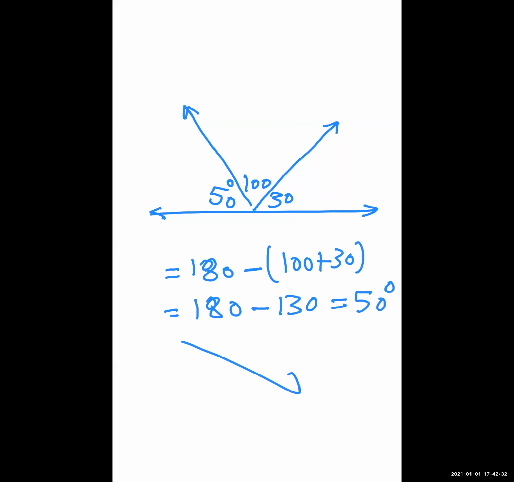Okay? One more question like this, guys. If it's like this, this one is 110, and this one is 35, and I want to get this one. Okay, it will be the same.